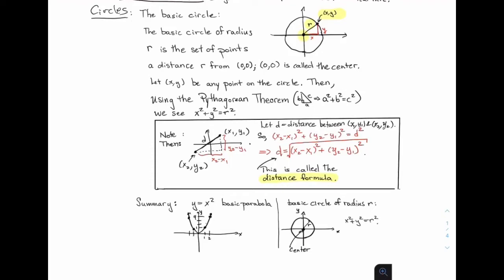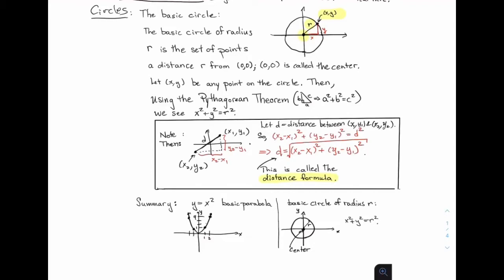So we construct this triangle that's in red. The length of the base of the triangle is x, because that's the x-coordinate of that point. And the height of the triangle is y, because that is the y-coordinate of that point.